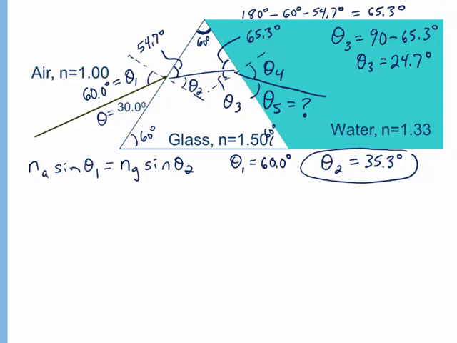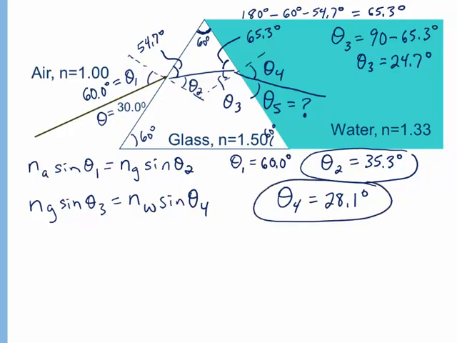Once I have theta 3, I now need to apply Snell's law again to find theta 4. So n glass sine theta 3 is equal to n water sine theta 4. And if you put in theta 3 of 24.7, you should find that theta 4 came out to be 28.1 degrees.